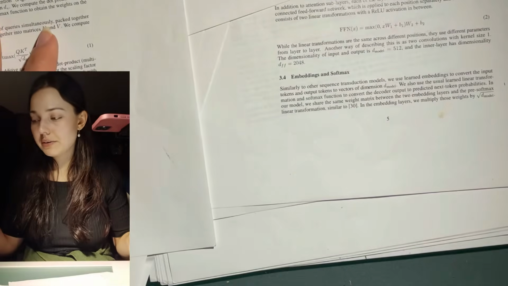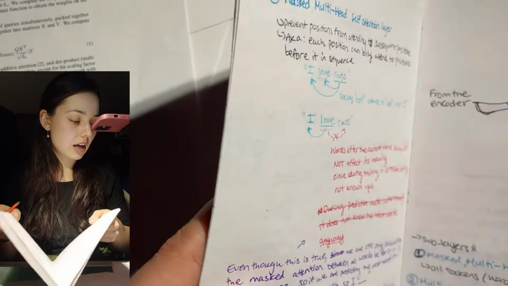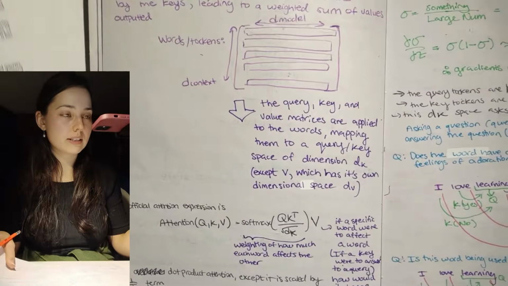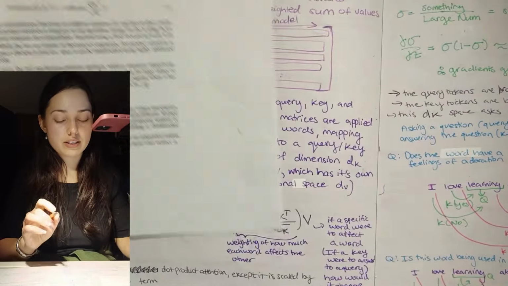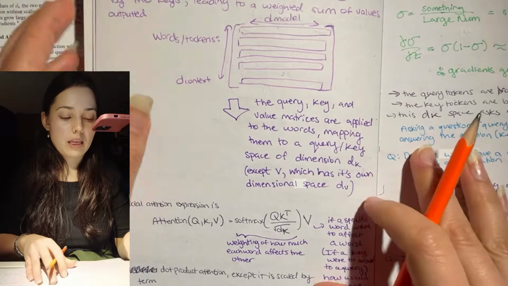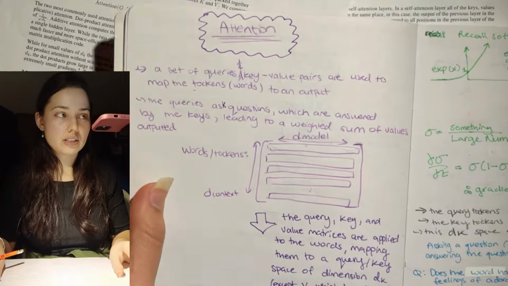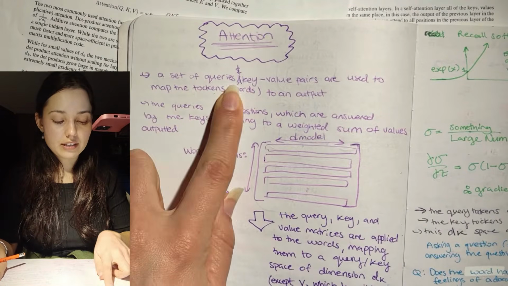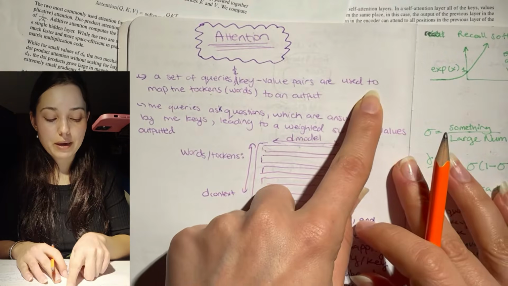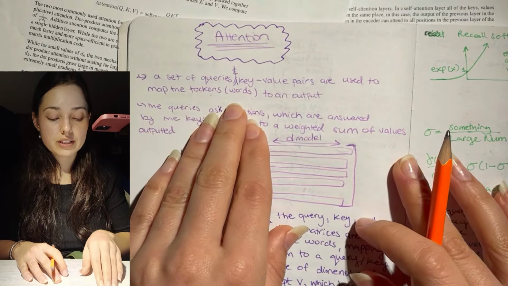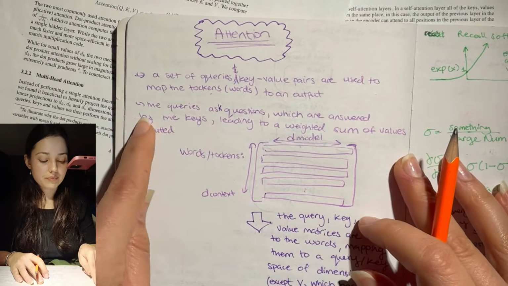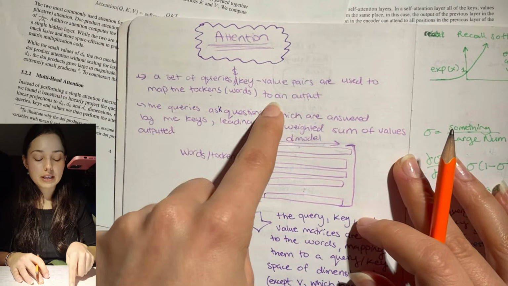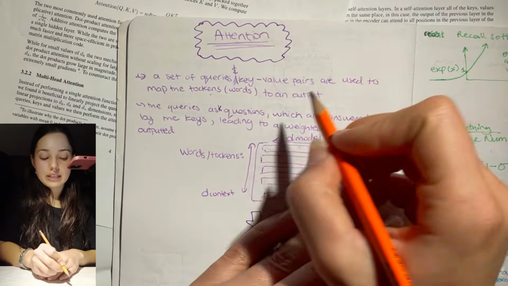Okay, let's see what I wrote here about attention. And then maybe we'll go back to this part, the scaled dot product attention. We'll go on to this part next. But let's review what we just talked about. In attention, we have a set of queries and key value pairs used to map the tokens, which are the words, to an output, the output being a query key space.